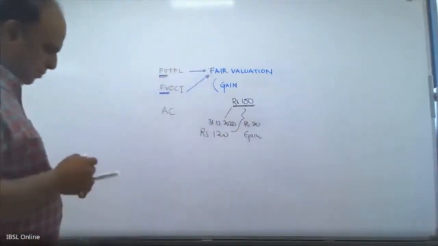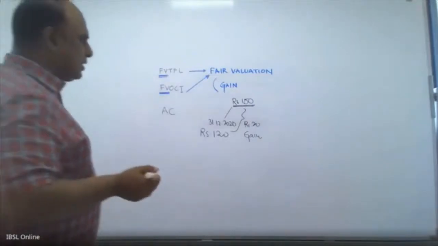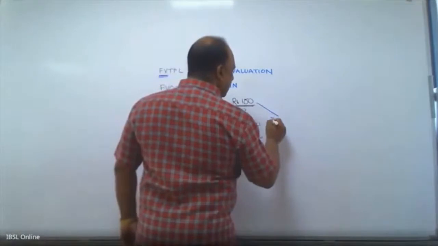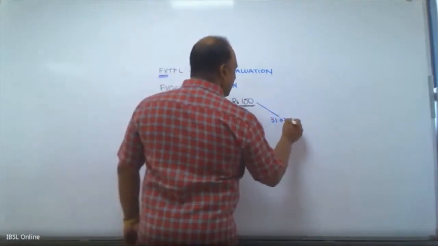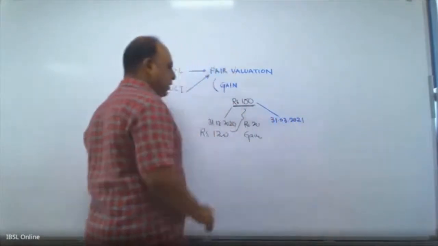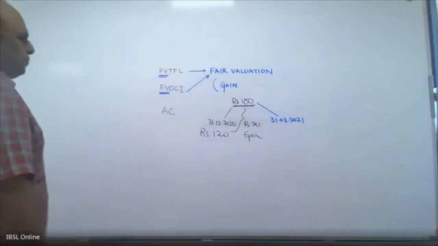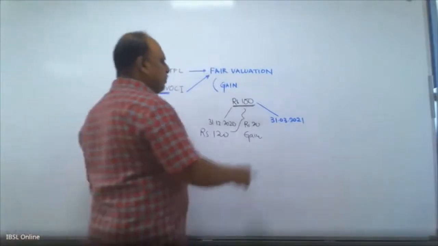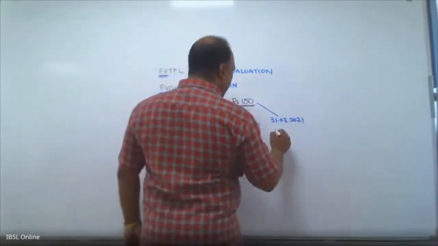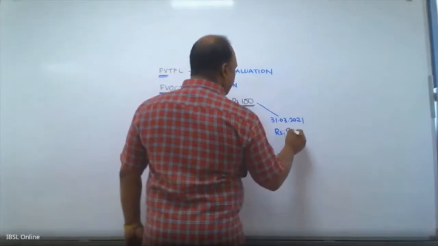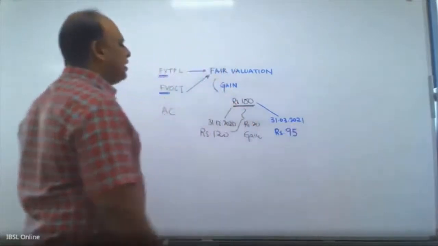But let's now look at the next reporting date, which is 31st March 2021. So we have already ended the first quarter. Now, let's say the share price is only 95.